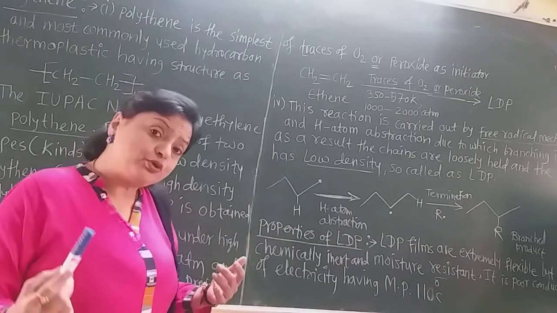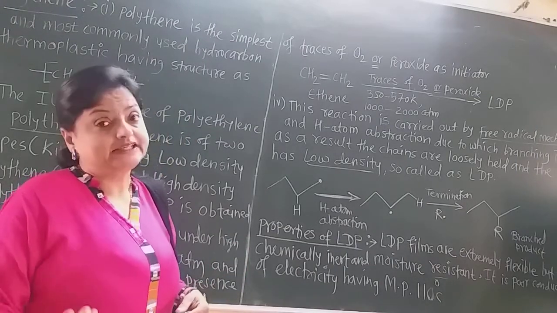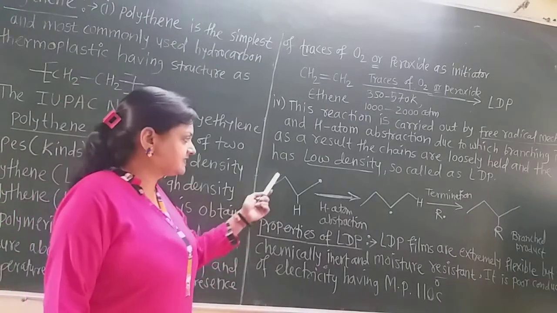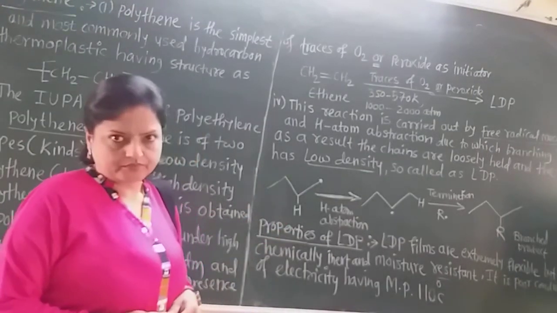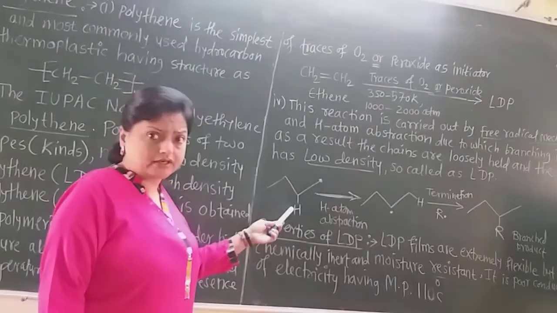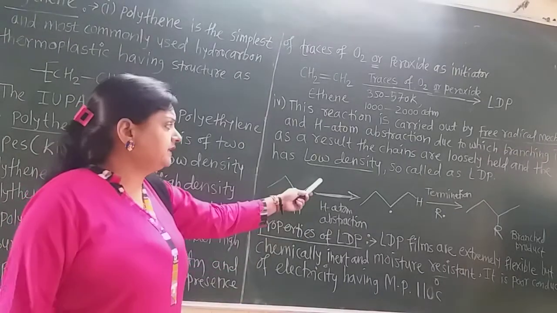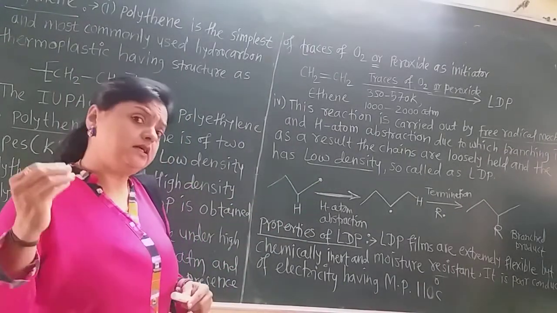Now how does this preparation of low density polymer actually happen? Suppose this is one of the monomers, ethene. Now one hydrogen is removed here, giving a free radical.